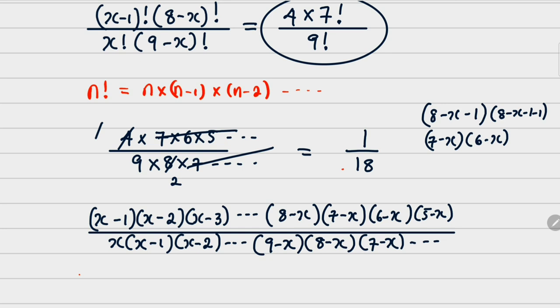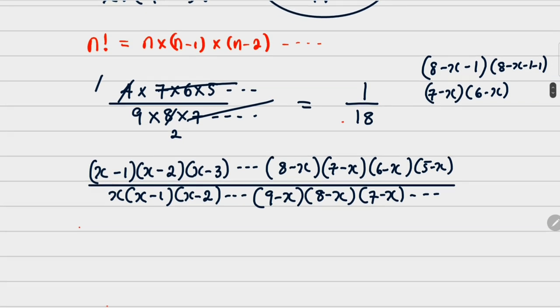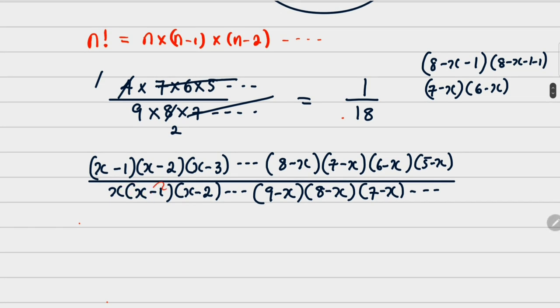Now, from what I have here, you agree with me that anything from x minus 1 will take out everything from x minus 1 on this side. Then everything 8 minus x going on will take out everything 8 minus x going on.